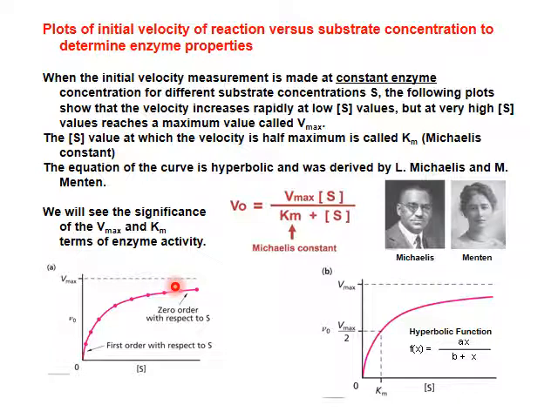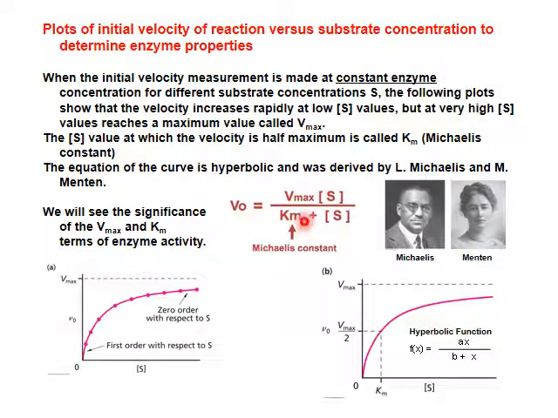So this Vmax and Km value help to identify enzymatic catalytic properties. These rate constants that we would see, K1, K minus 1, K2, K minus 2, are contained in the Vmax value and Km value, okay?